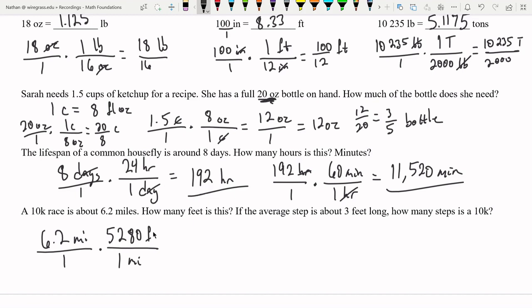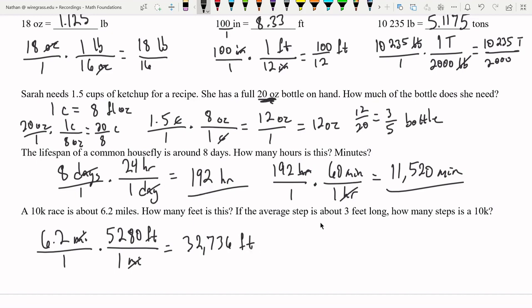Of course, the miles cancel. And we get 6.2 times 5,280. I'm getting 32,736 feet.